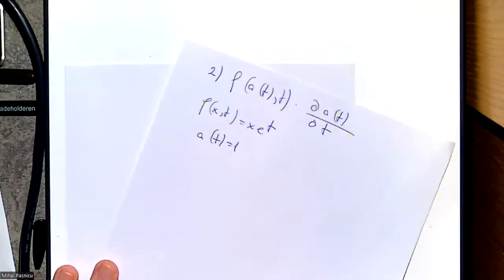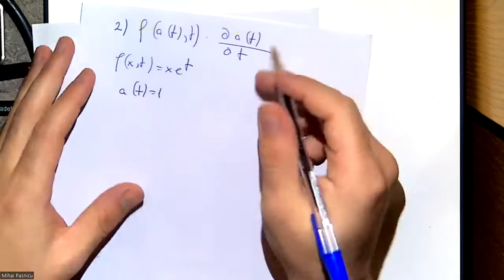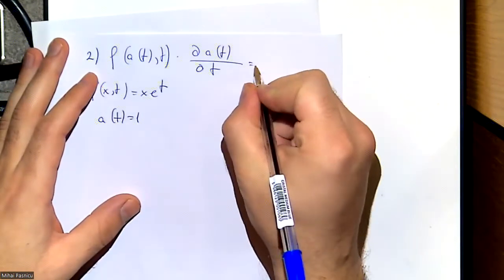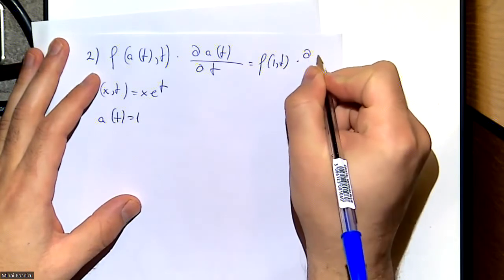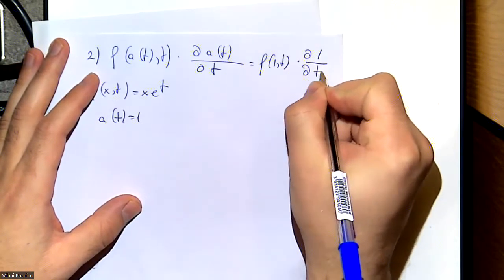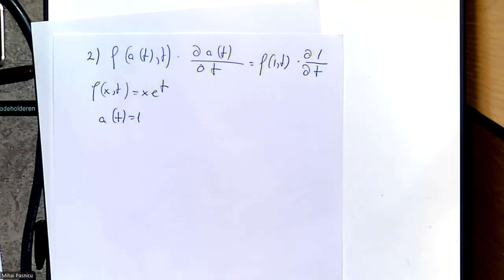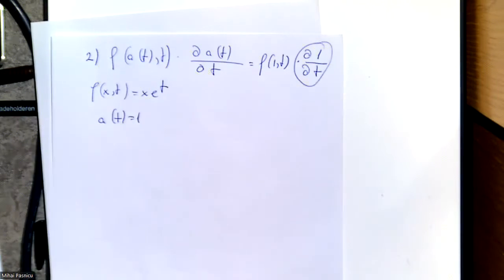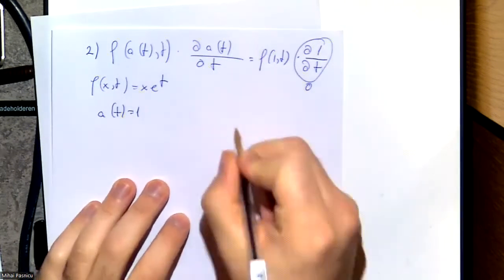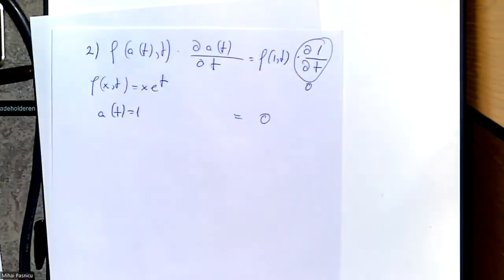Okay. So a(t) is 1. So this would just be f(1,t) times the derivative of 1 times the derivative of t. Okay, and this is where I said the twist comes in. What is this derivative? It's just 0. It's a constant, taking the derivative with respect to t. This is 0, so this whole thing is 0. I don't even need to replace f inside of it.